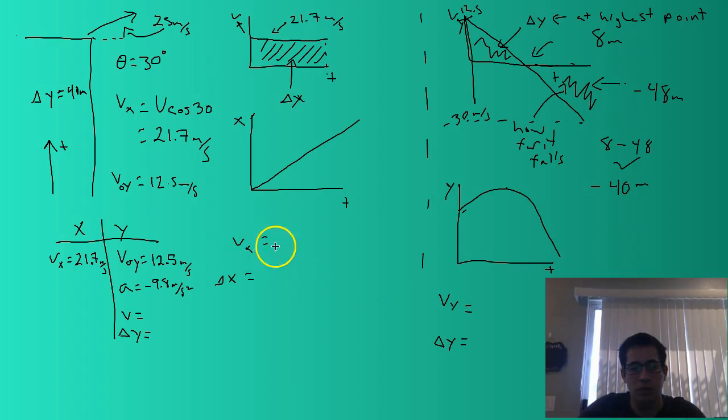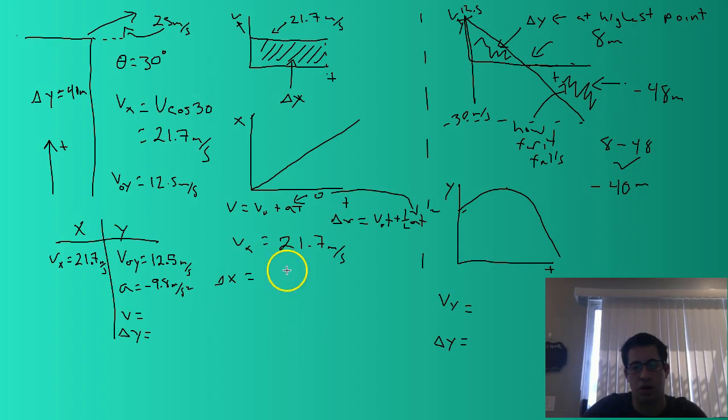Okay, so to start with Vx, for x we're going to use V equals V naught plus at, and delta x equals V naught t plus 1/2 at squared. In both of these cases for x, a is equal to 0. And so Vx here, V initial for x is 21.7, so this is just equal to 21.7 meters per second.